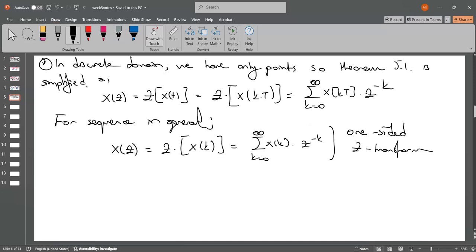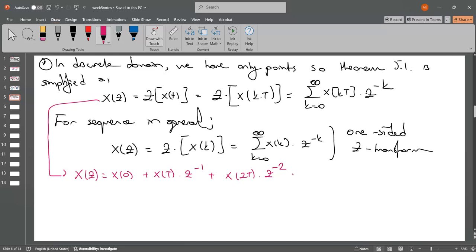So, in the expansion form, we can write X(z) based on this theorem: x(0) plus x(T) times z^{-1}, x(2T) times z^{-2}, plus blah blah blah, right? This term represents the whole transformation, which is based on the discrete domain. And so, how can we visualize the whole data based on this property?